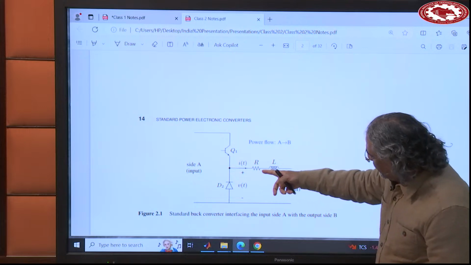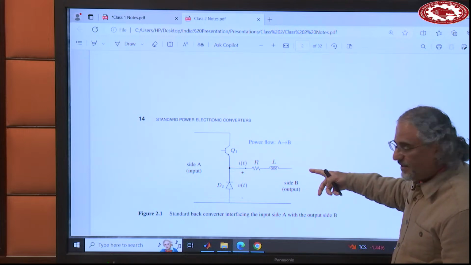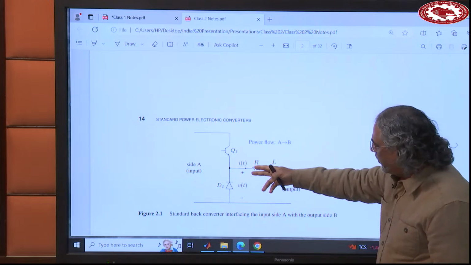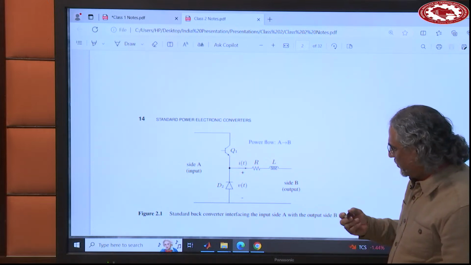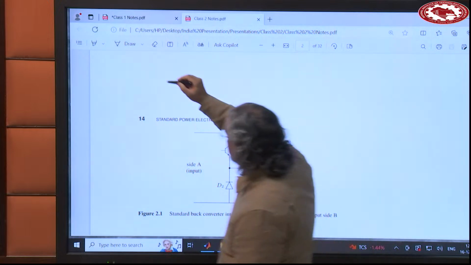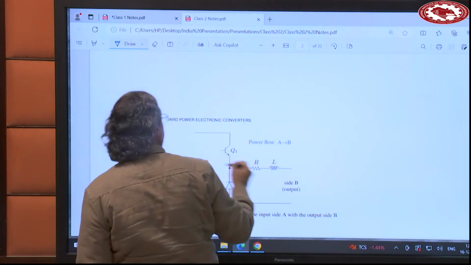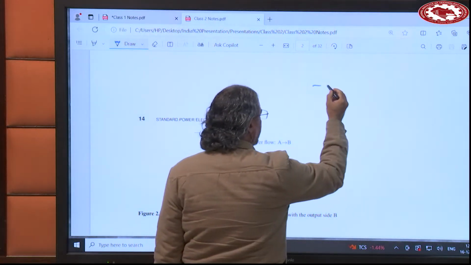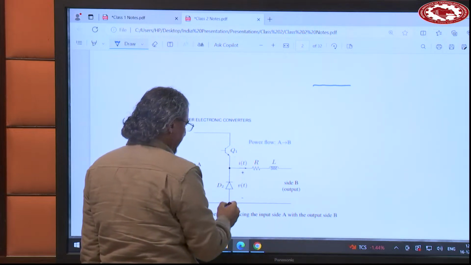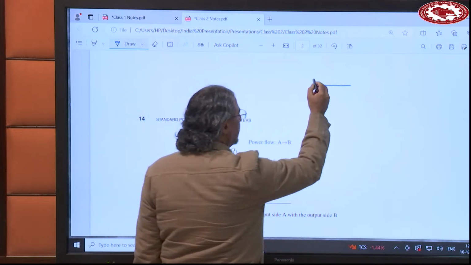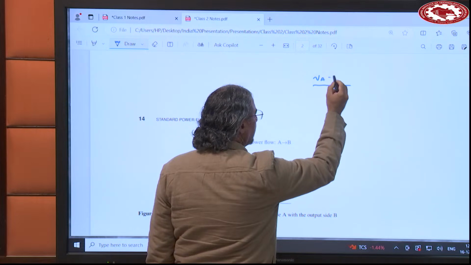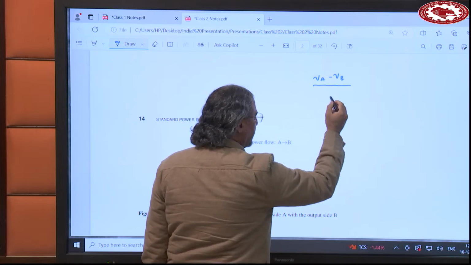So a current will flow in this direction. This is an inductor, so a positive voltage is across the inductor. Let's say this voltage is VA and this voltage is VB. So VA minus VB is positive.